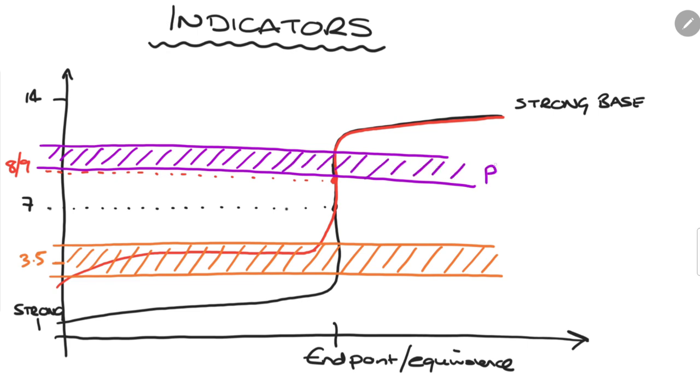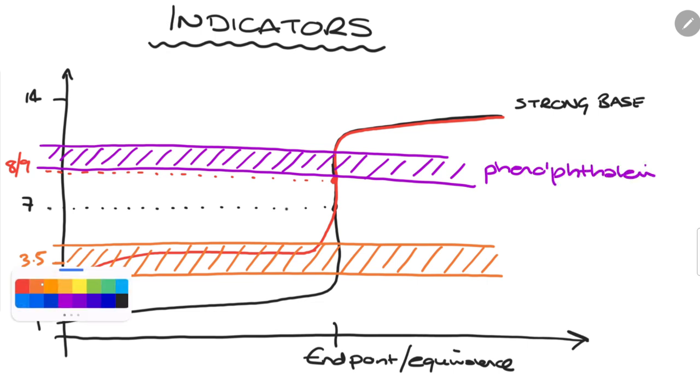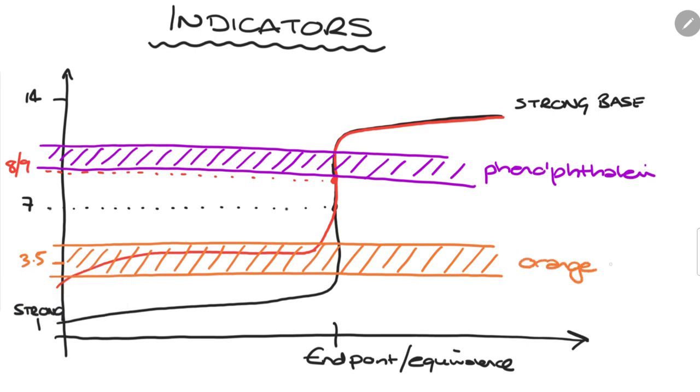So phenolphthalein will be up here, and our methyl orange will be down the bottom here. And so what we need to do is choose an indicator which allows for the curve that we are looking for to change pH rapidly and go from one side of the band change for the indicator to the other.